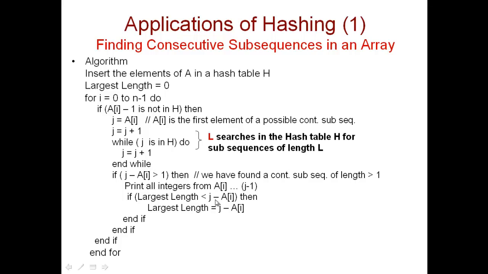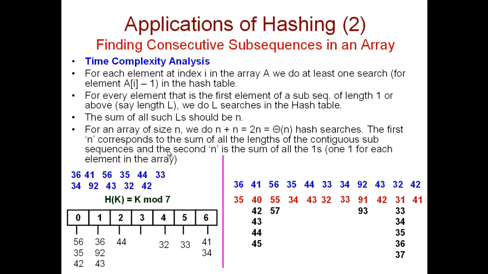We do a comparison here, but we don't do that many times compared to checking whether some element is in the hash table, and that's more time consuming than doing a comparison. So doing what is called a hash search is the basic operation. Checking for some element whether it's in a hash table or not can be called a hash search operation. So what we need to find out is how many times we do this hash search.